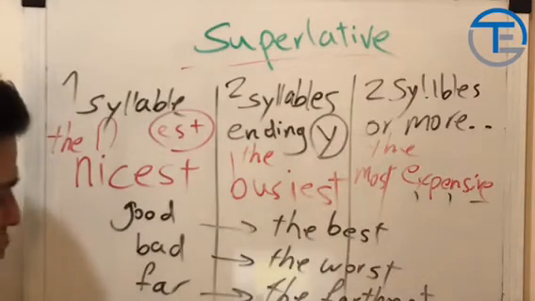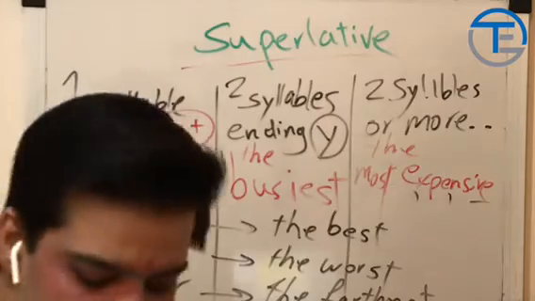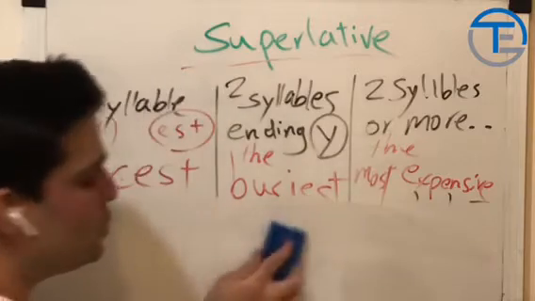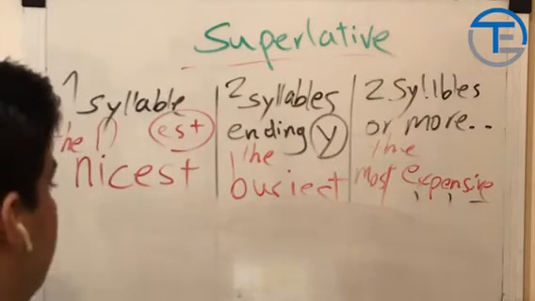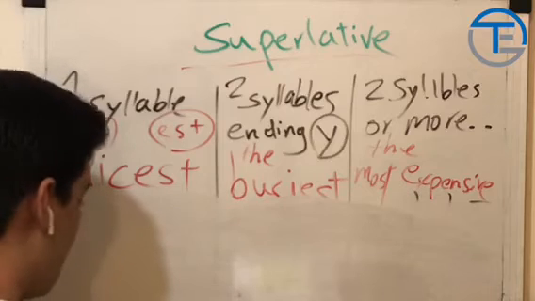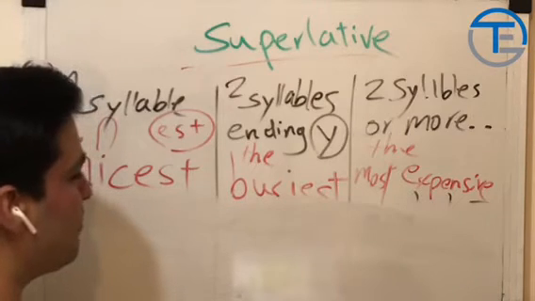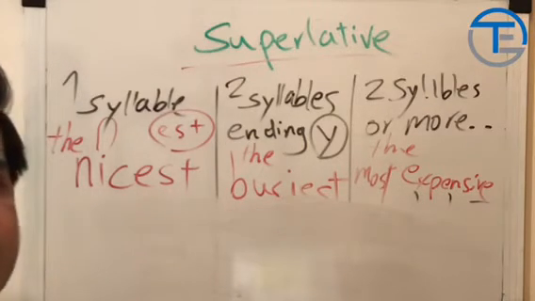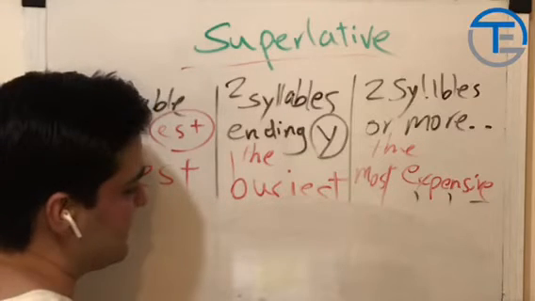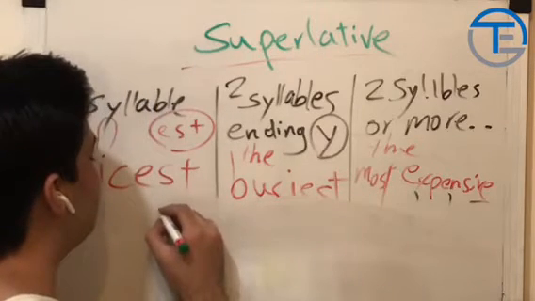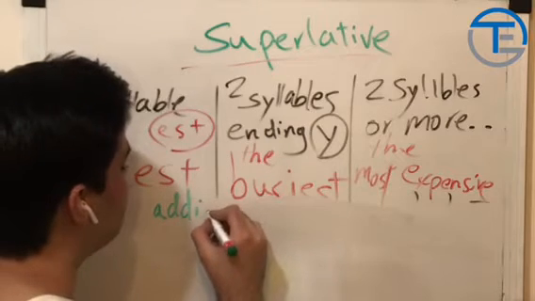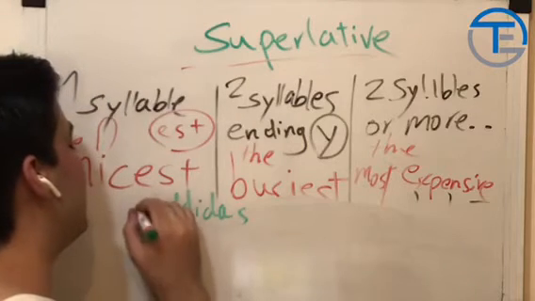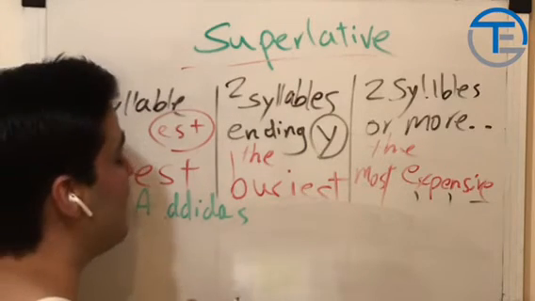Now we want to make a sentence. Okay, let me show you. When you want to compare three or four things, for example, brands of shoes like Adidas, you have to start with a capital A because it's the name of that brand.